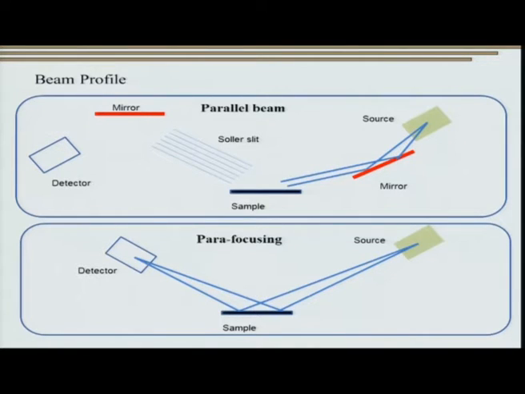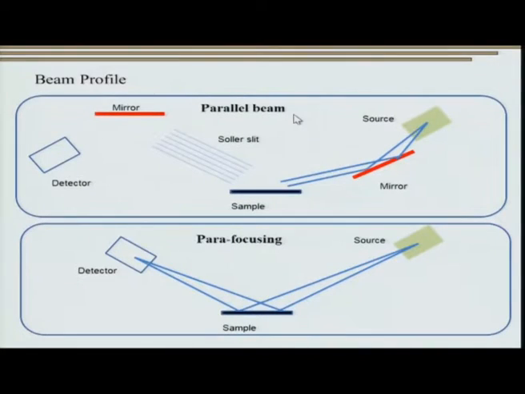Not only that, we can also put the solar slit, which we had used in the earlier case, at the receiving side, and then a mirror, so that we ensure that our detector is only seeing the parallel X-rays that are getting diffracted from the sample. So, this is essentially known as the parallel beam geometry.